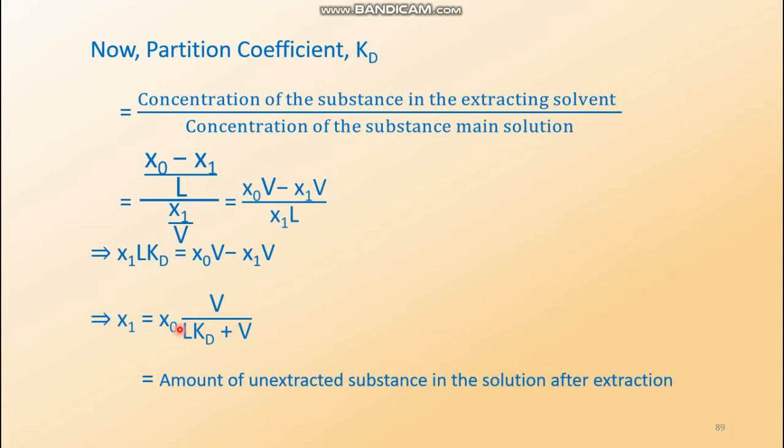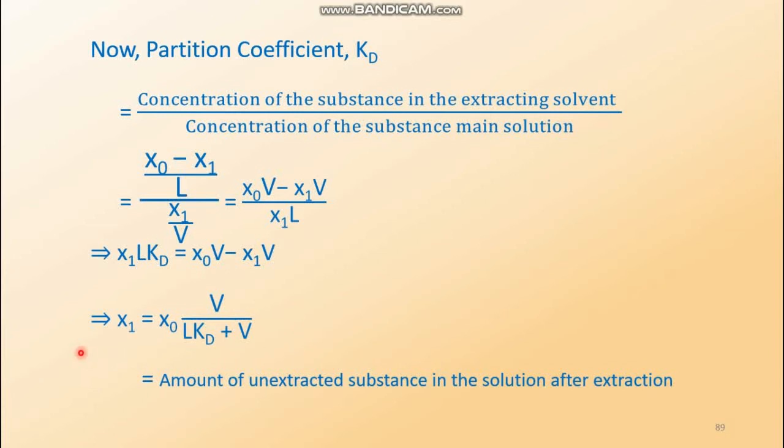If you undergo the same operation repeatedly, that means you take another L cc of the extracting solvent, and shake the solution obtained after the first operation with L amount of the extracting solvent, then the unextracted amount of the solute left in the aqueous solution is x2, and it can be expressed in terms of x1.